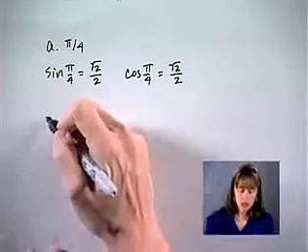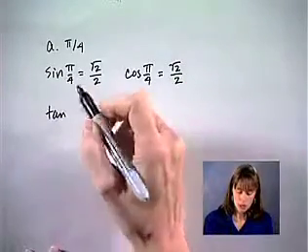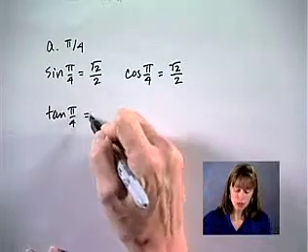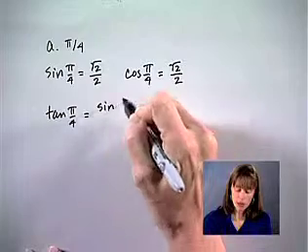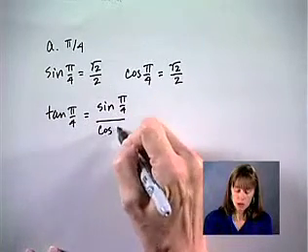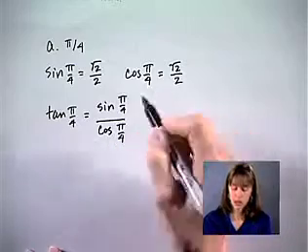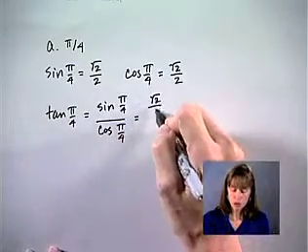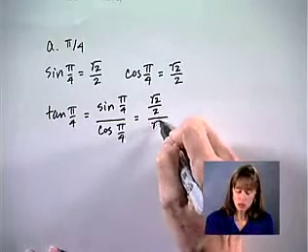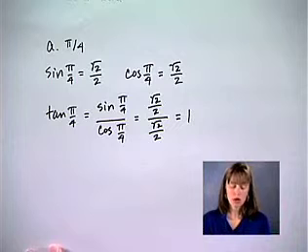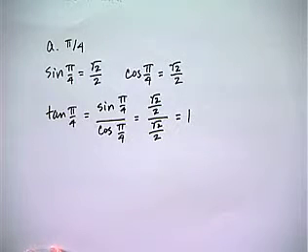Now let's go to the tangent. The tangent of pi over 4, some angle alpha, should be the sine of that angle over the cosine of that angle. If the sine is square root 2 over 2 and the cosine is square root 2 over 2, that means the tangent of pi over 4 is exactly 1.